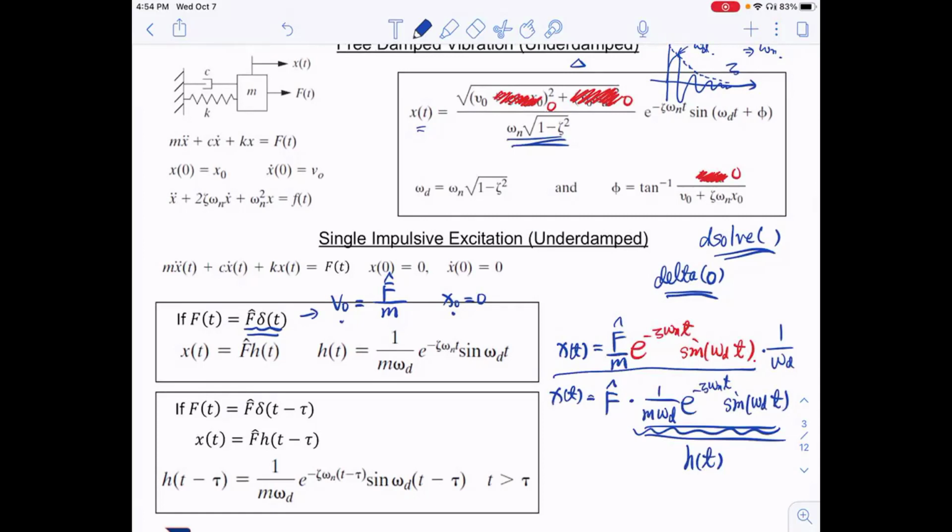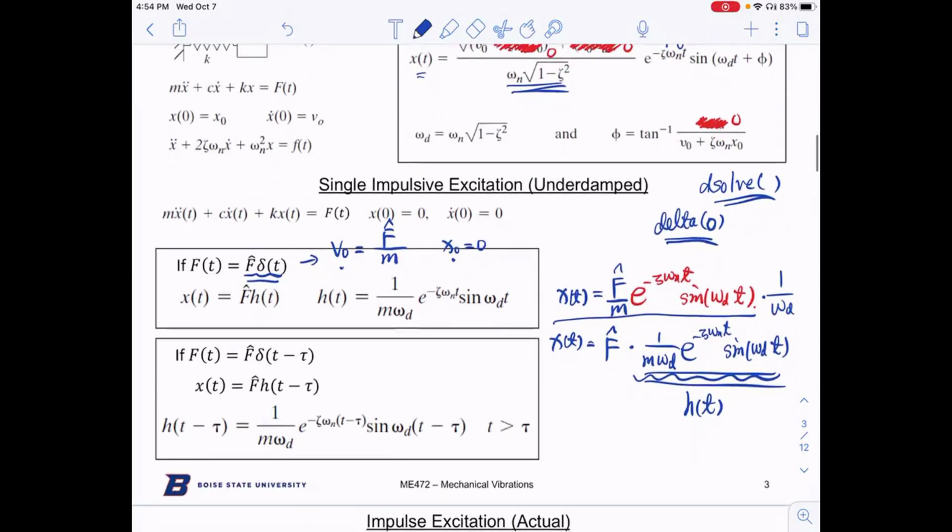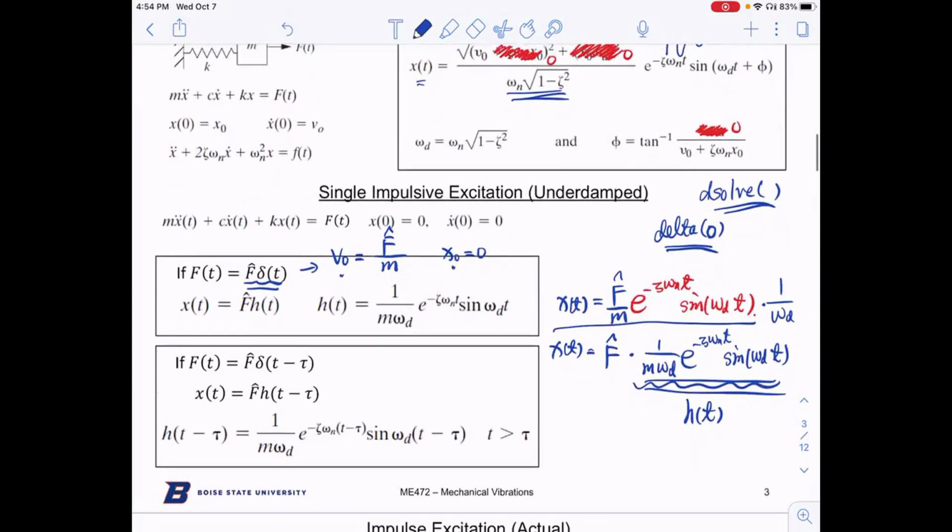That's the h function, so you don't have to copy and paste these lengthy expressions each and every time. All right. So that's the impulse when your impulse is applied at time equal to 0.